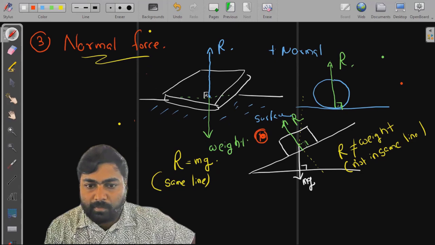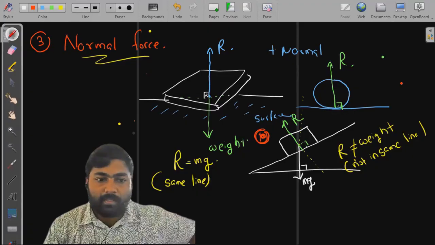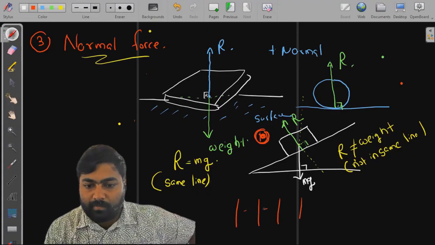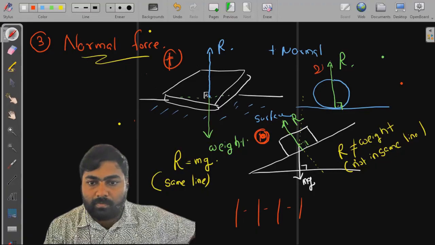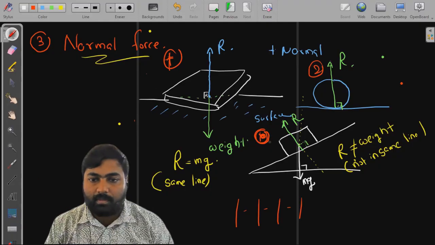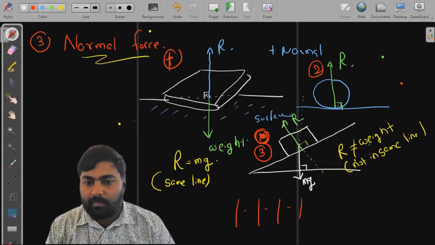Separate figure means if you are drawing in a book, don't draw like this. Draw this 1 and 2 on both sides, and after that draw the third one. So this is different. That's the reason.